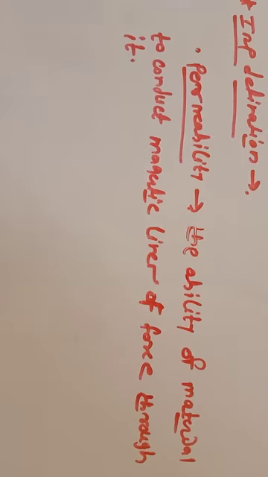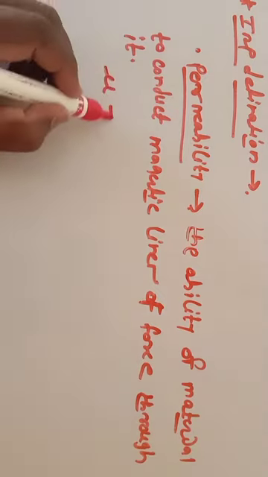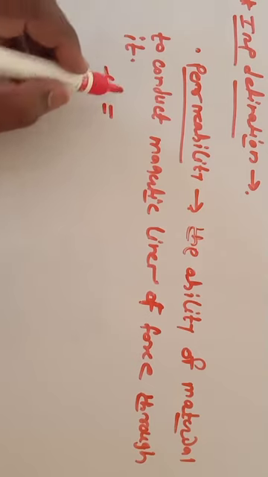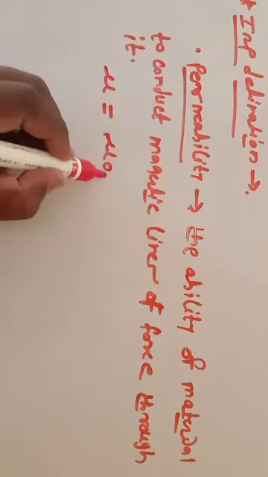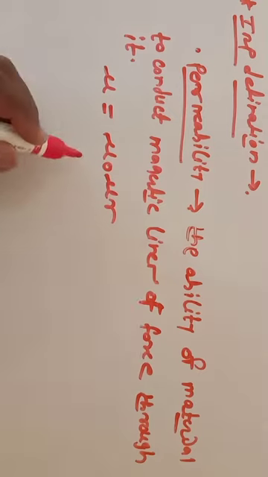So what is this permeability? The ability of a material to conduct magnetic lines of force through it is called permeability. It is denoted by the symbol mu, which is equal to mu 0 into mu r. What is mu 0?